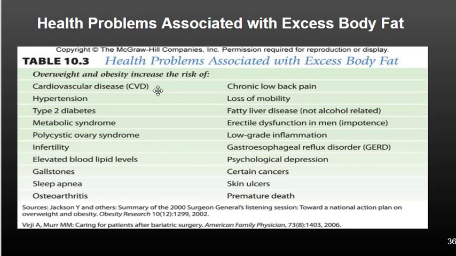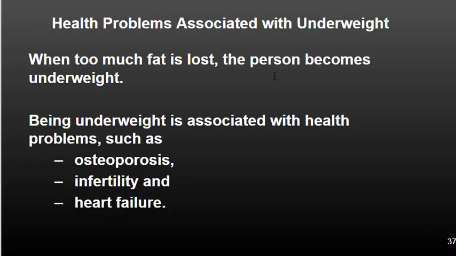So significant health or chronic diseases such as cardiovascular disease, type 2 diabetes, some types of cancer, plus many other health problems. Although not quite as risky, being underweight can also cause health problems. So problems such as osteoporosis, being infertile, and having some sort of heart problems.